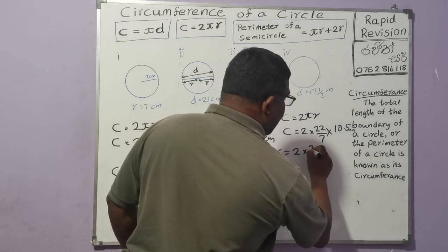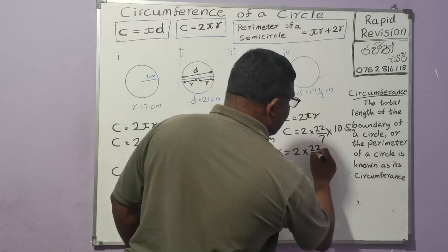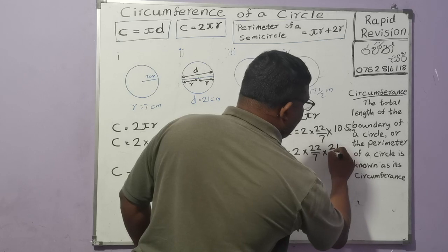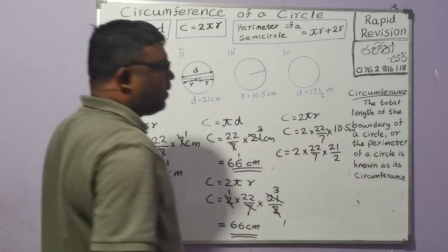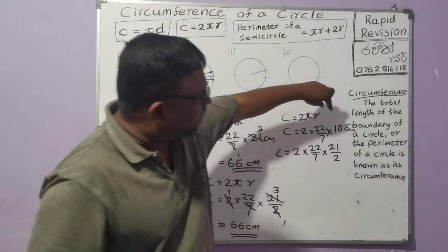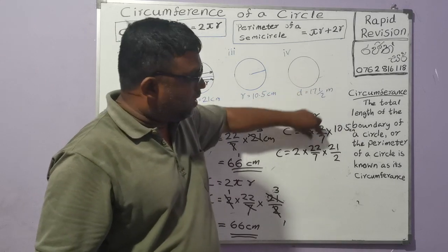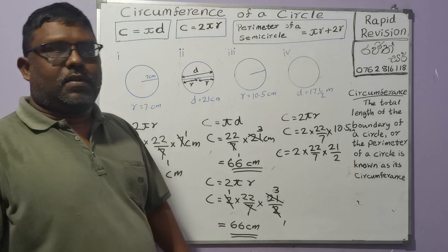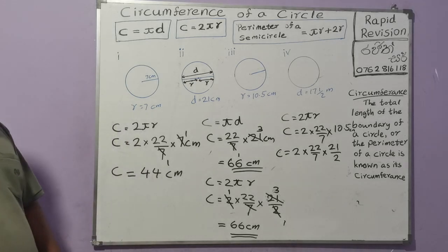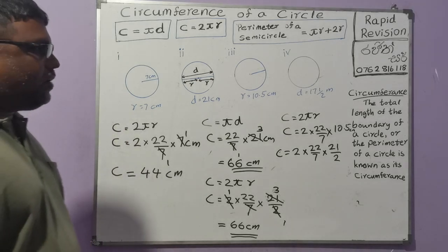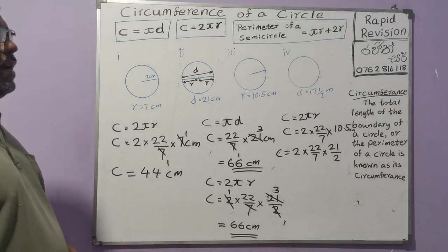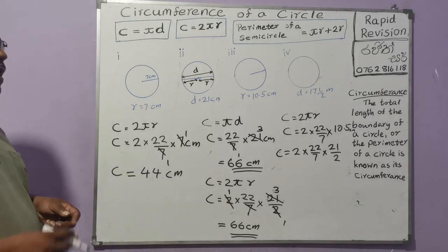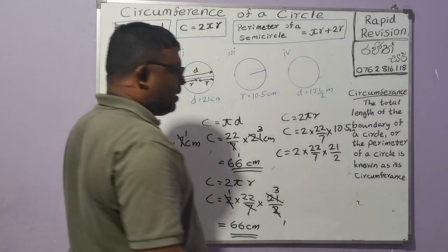So 2 multiplied by 22 over 7 multiplied by 21 over 2. Is it clear? Yes. Then you can easily cut and get the value. That's why I use this trick.